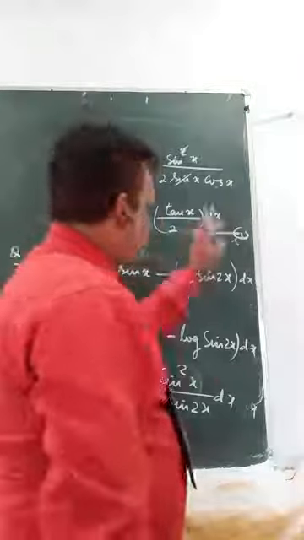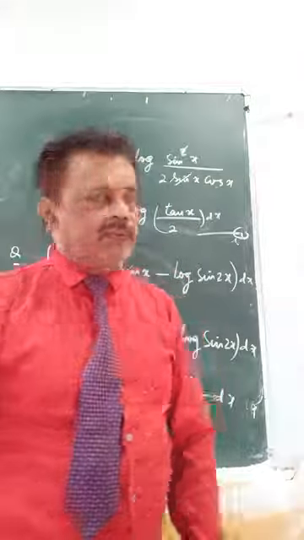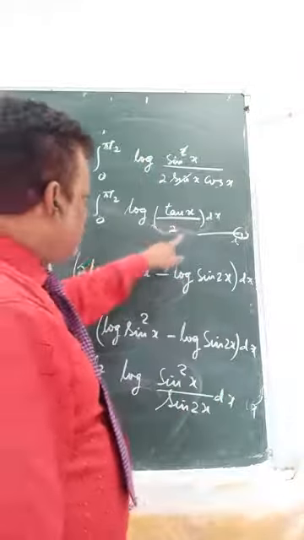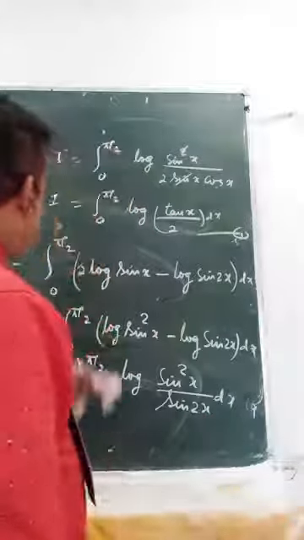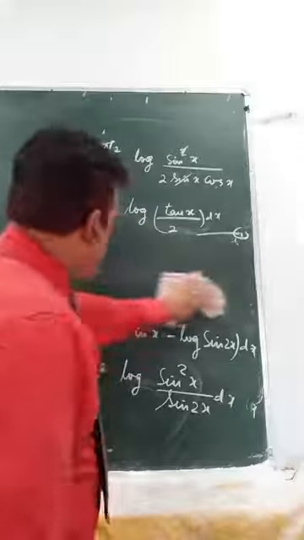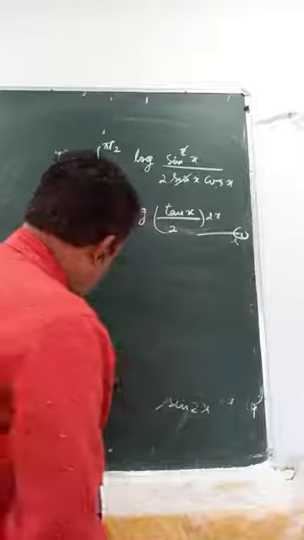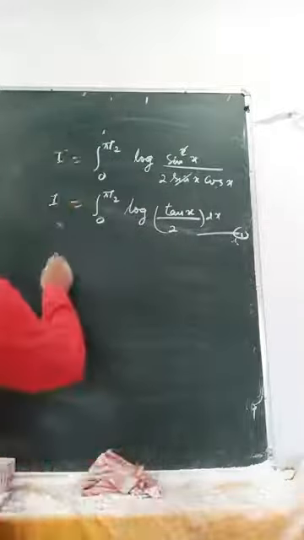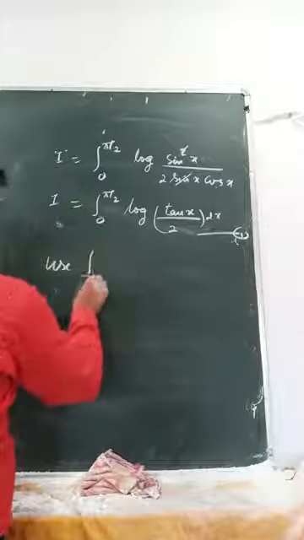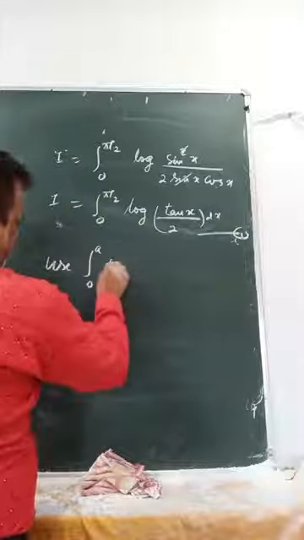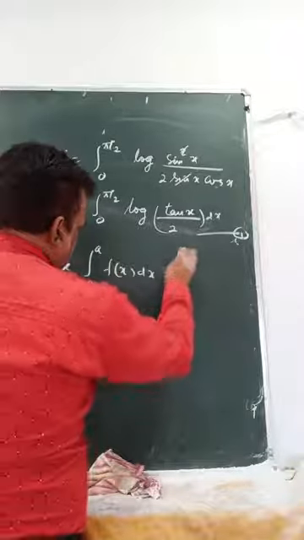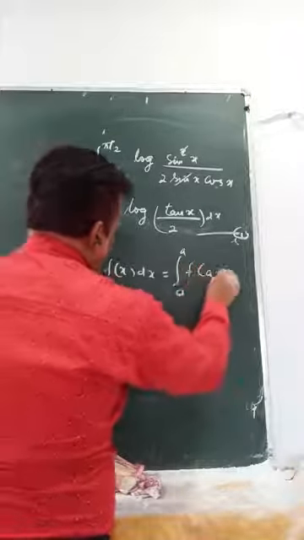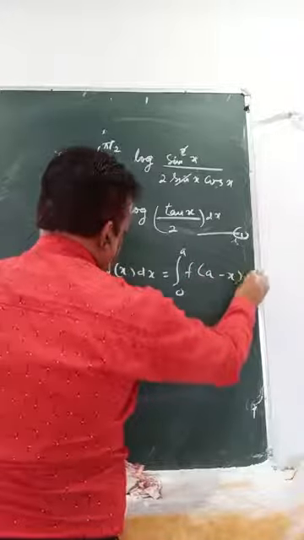Now if you use the property here, that will be very simple for you. It means pi by 2 minus x again. So use the formula: integral 0 to a of f(x) dx equals integral 0 to a of f(a minus x) dx.